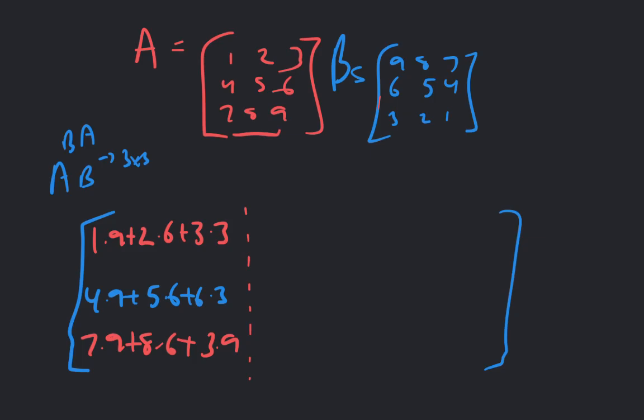Oh, maybe I should use blue right here. This column, and now we're going to be multiplying by the next column. Well, wait, actually, sorry. These rows by now this column.